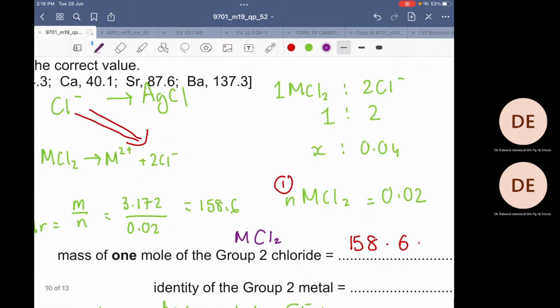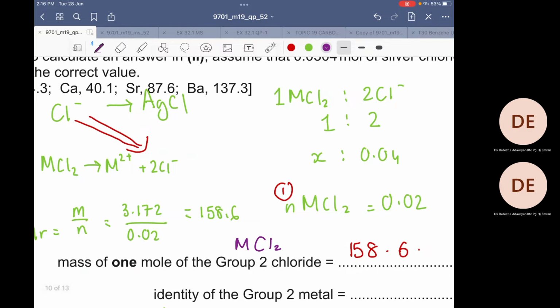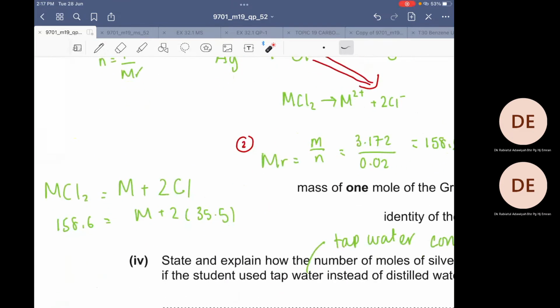Where do I go next? Minus the mass of, or the Ar of chlorine. You all agree? Yes, good. So this 158.6 is when you add up the Ar of the metal plus 2 times the Ar of chlorine. Okay, so after working that out, what's the Ar of M? 87.6? Yep. Okay, good. 87.6.